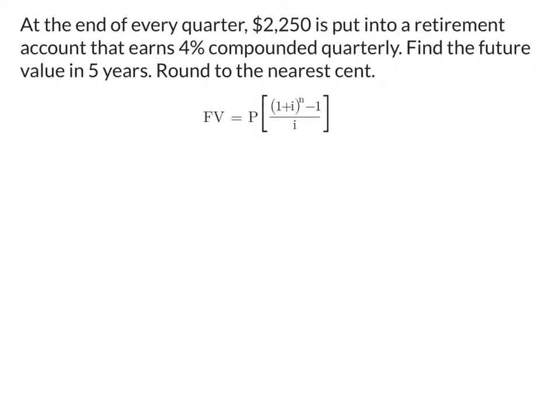N is the number of compounding periods in a year times the number of years. So the number of compounding periods in a year is quarterly, so that's 4. And then we're going to find the future value for 5 years. So we'll multiply that 4 by 5. So N is 20.